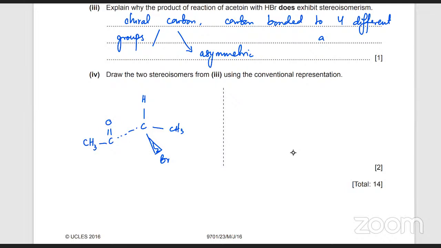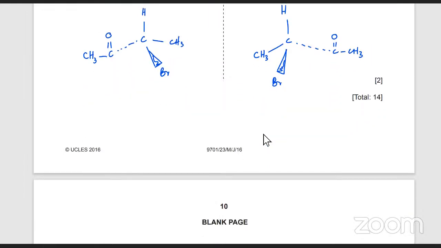So the mirrored version would be exactly the same, but reflected, laterally inverted left to right. So the dotted line would be on that side. And my Br bond would be this side. So that's your 2 mirrored versions.